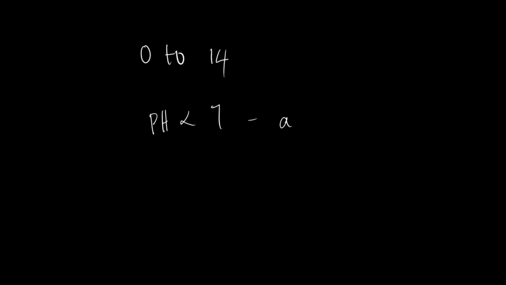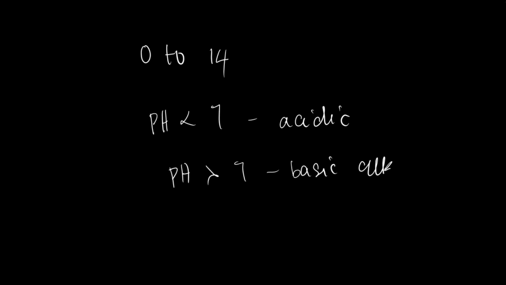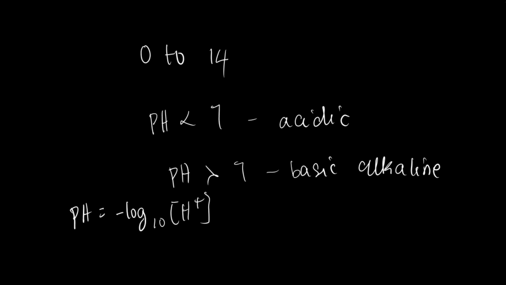So a pH that is less than 7 is of an acidic solution, and when we have the pH greater than 7, it's of a basic or alkaline solution. Now pH is equal to the negative logarithm to the base 10 of the hydrogen ion concentration.